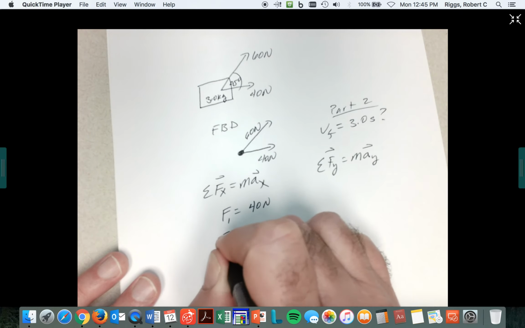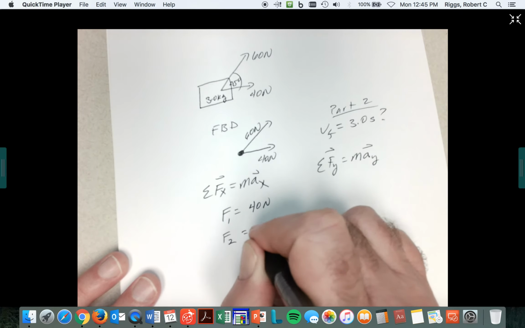Force 2 is equal to 60 newtons times the cosine of 45 degrees. Force 1 in the y direction is equal to 0. Force 2 in the y direction is equal to 60 newtons times the sine of 45 degrees.